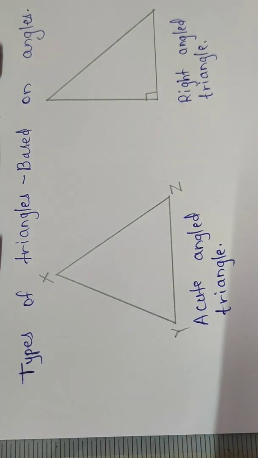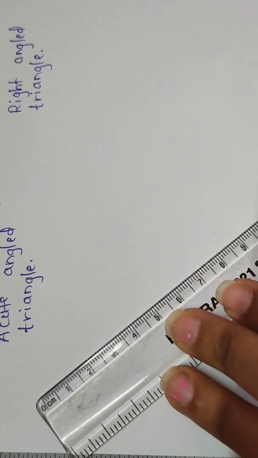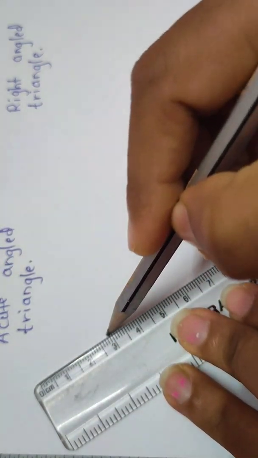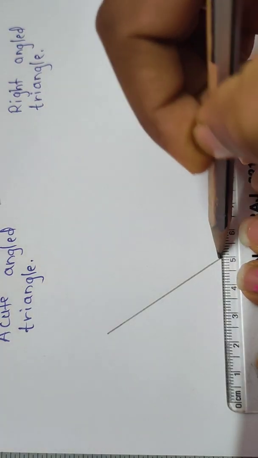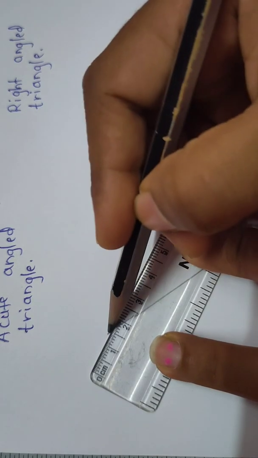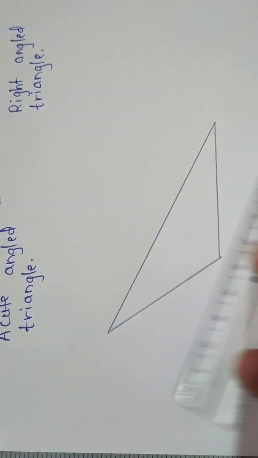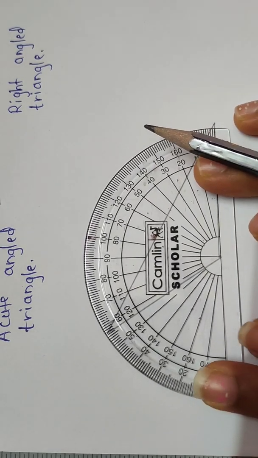And the third one is obtuse angled triangle. Obviously, acute angle is less than 90 degrees, right angle is equal to 90 degrees, then obtuse angle will be greater than 90 degrees.